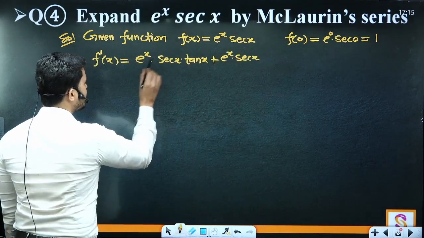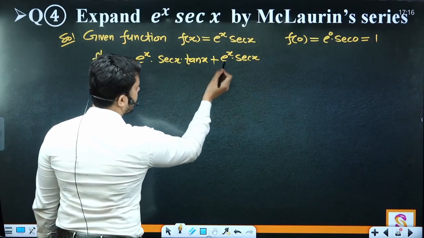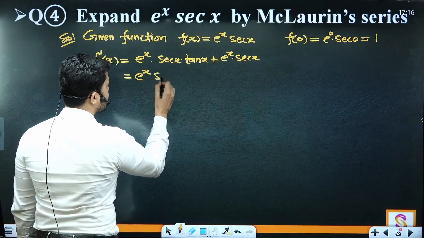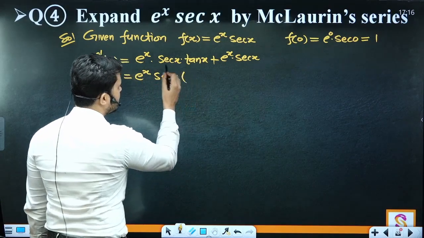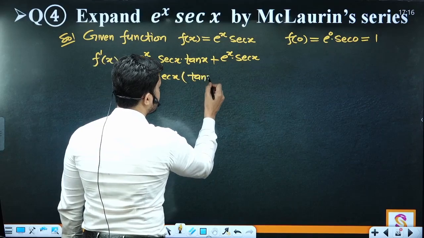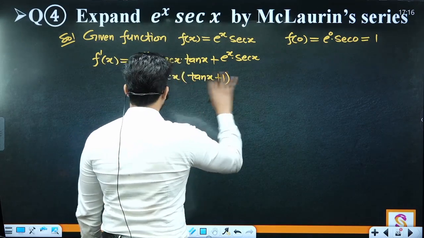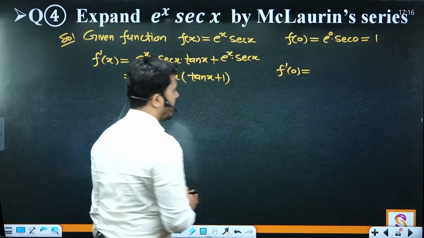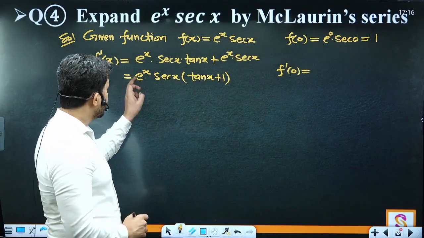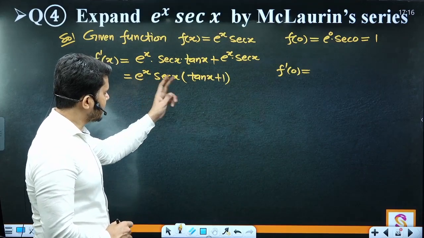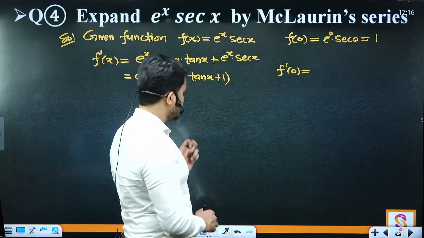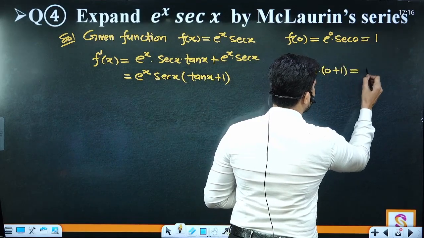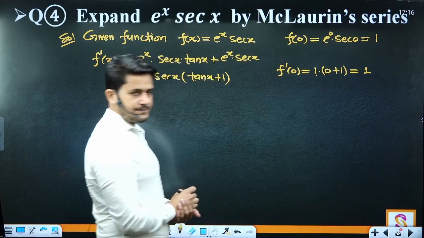Moreover, you can take common e to the power x sec x, so it can be written as e to the power x sec x multiplied by (tan x plus 1). Then to find f dash 0, put x equal to 0 in this term. Again e to the power 0 is 1, sec 0 is 1, tan 0 is 0, so 1 into (0 plus 1), overall its value will be 1.